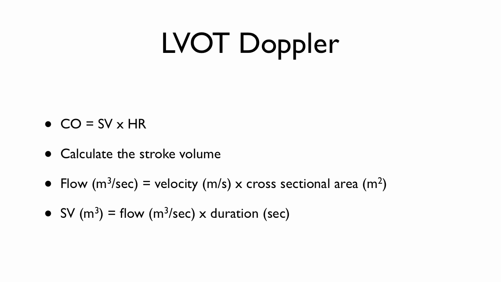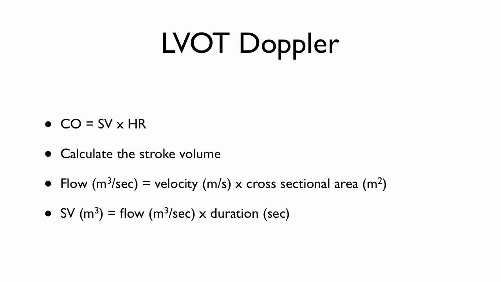So if we just go through the calculations using this method, just think about the basics. Cardiac output is the stroke volume times the heart rate, and what we're going to do initially is to calculate the stroke volume using some clever but simple maths. I've included the units in these calculations just to make it a bit clearer and show you how it all works.